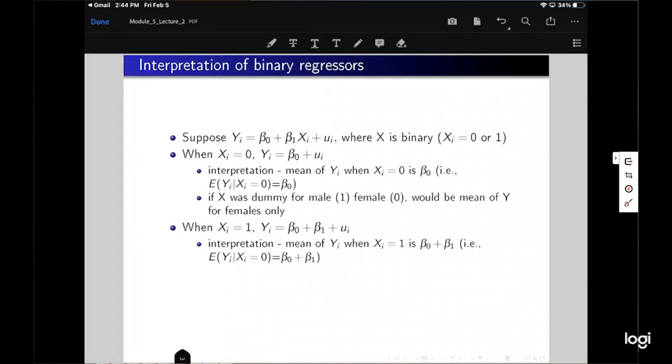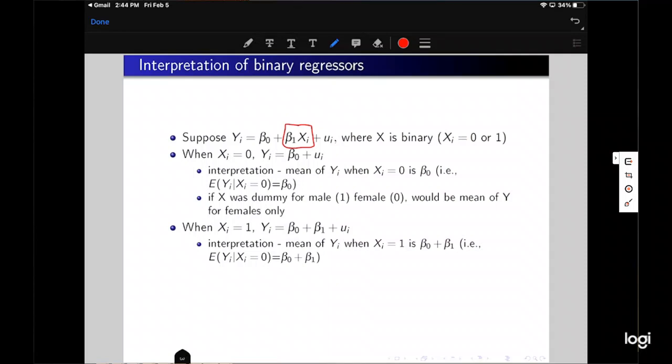Interpretation of binary regressors. Suppose we have the model y_i equals beta 0 plus beta 1 x_i plus u_i, where x is a binary variable, x_i equals 0 or 1. When x_i equals 0, this portion right here drops out, and we're just left with y_i equals beta 0 plus u_i. So y_i equals the intercept.